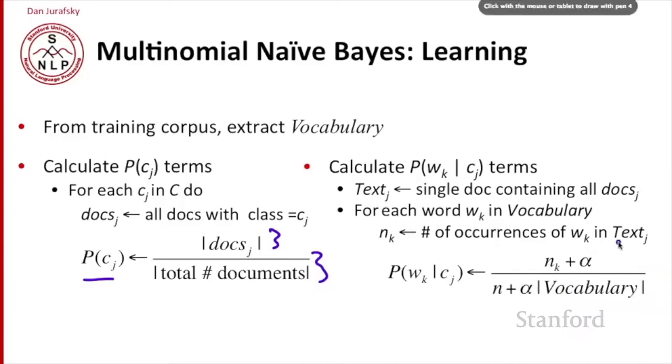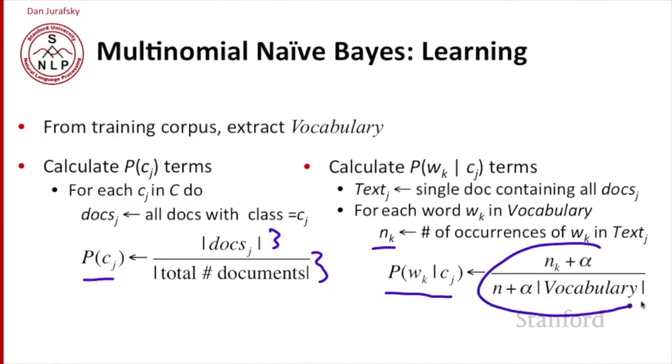So that'll be n sub k. And now the probability, the likelihood of word sub k given class sub j is just the add 1 smooth, or I've shown you the add alpha smooth version of the naive Bayes algorithm. So we've added alpha to n sub k, and then in the denominator we have n, the total number of tokens in the class j.